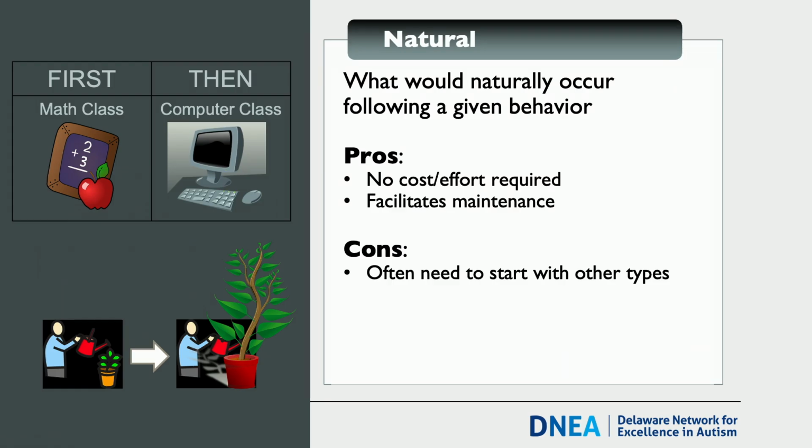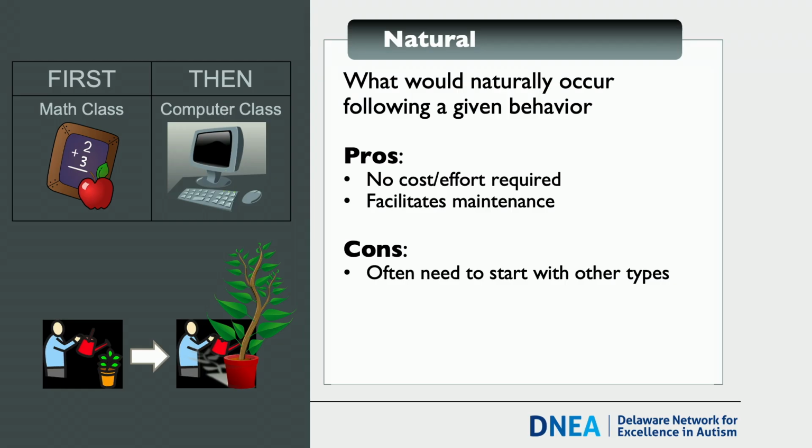As mentioned previously, natural reinforcers are what would naturally occur following a given behavior. They could be primary or secondary, but it's basically whatever would naturally occur when a person engages in a particular behavior. It is our goal to use natural reinforcers, but we likely won't start here, but of course need to plan how to get here.